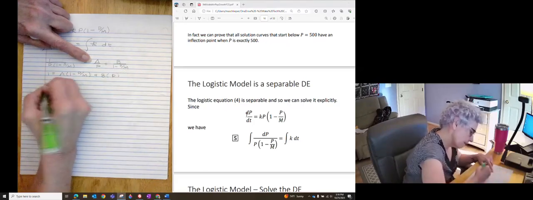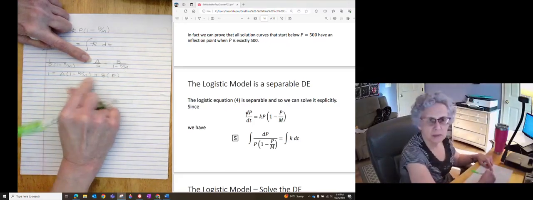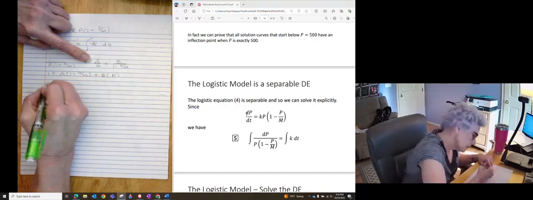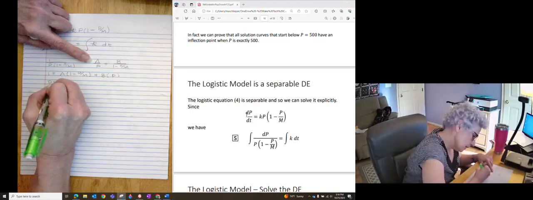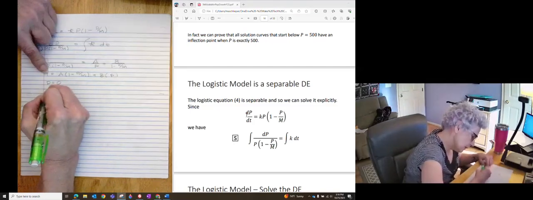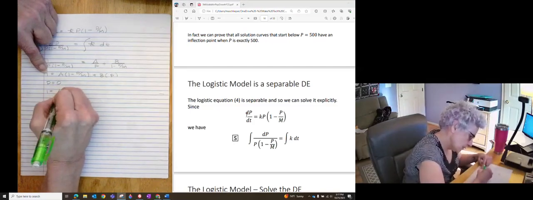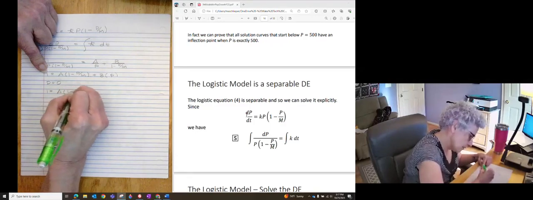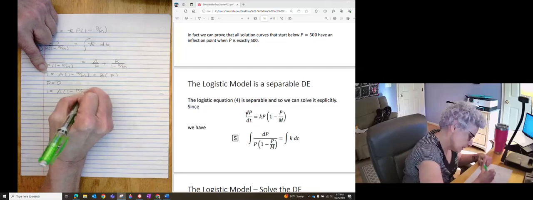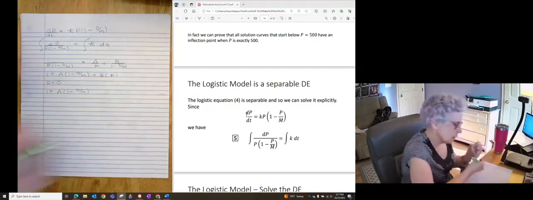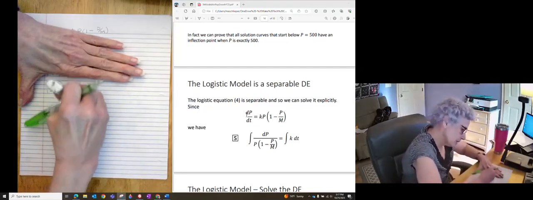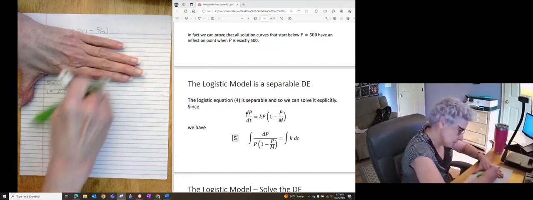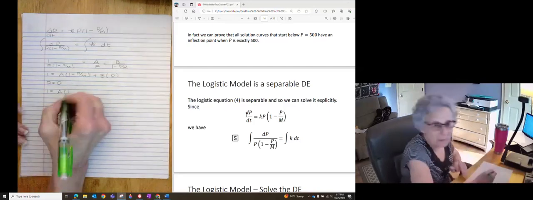Oh, you notice we're going to be plugging in those equilibriums. So if P is equal to 0, then 1 is equal to A times 1 minus P over M, which P over M would be 0, so A is equal to 1.